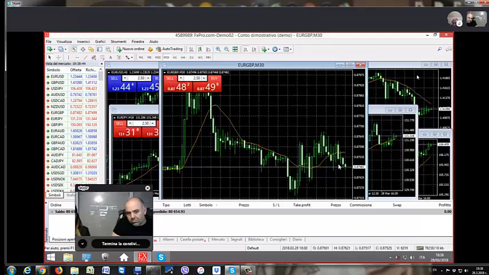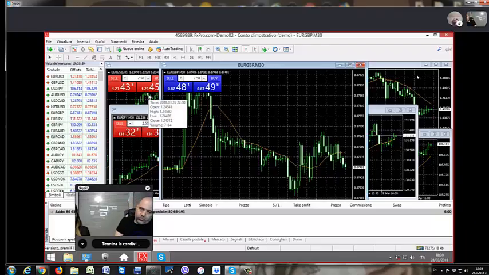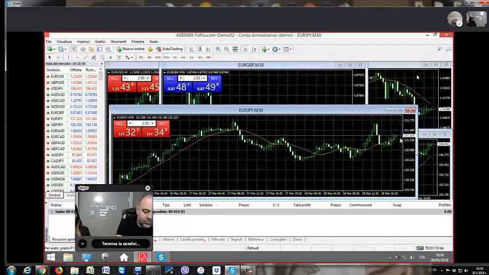So, following euro yen and euro sterling, I'm able to understand what the movement is at the moment. Suppose, for example, that euro yen starts moving down, probably euro dollar moves down if the sterling remains over here.